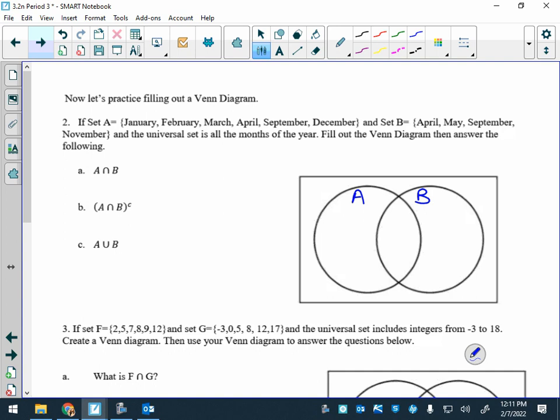Mustafa? April and September are in the middle because they're both in each other's set. Which months are only in A? Brian?